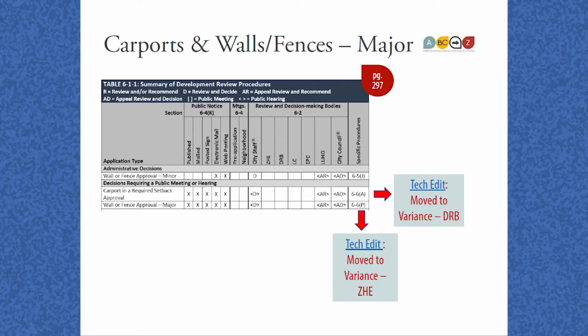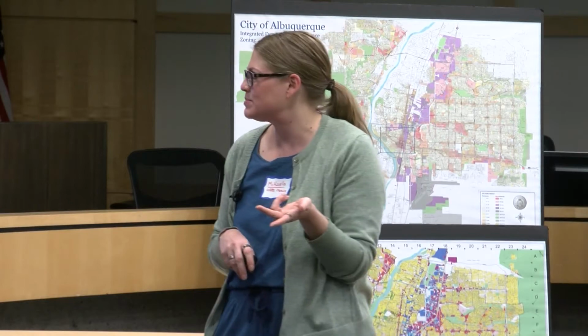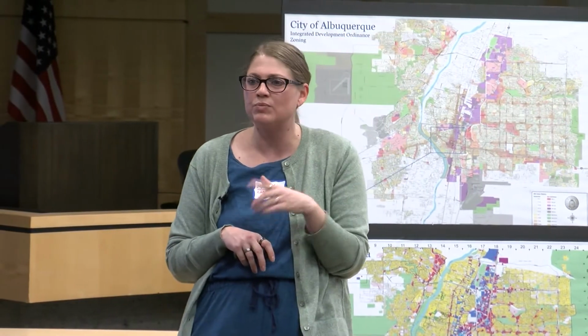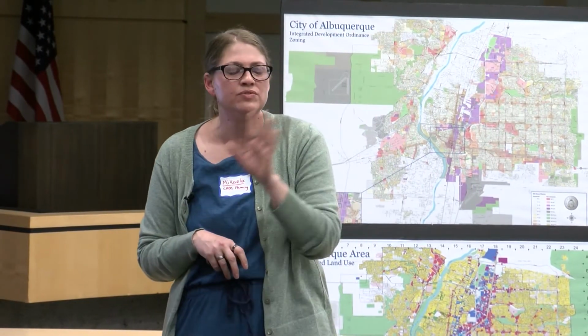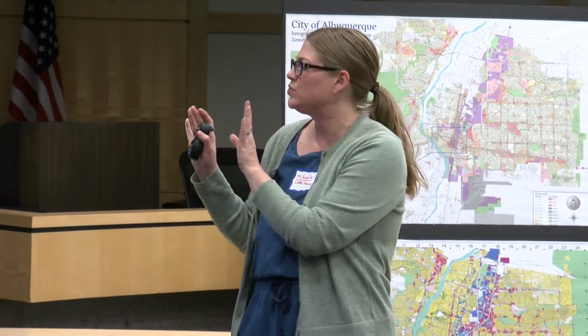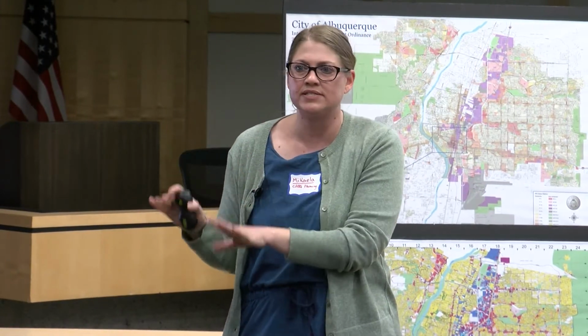Since we put those in as separate line items, the more we thought about it, the more we thought, those are really types of variances. And it's weird that we're calling them out as their own line items in table 611. So instead, we're going to move all of the content about those 2 decisions into the relevant variance section.